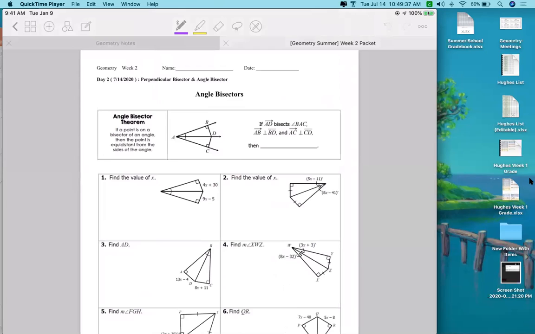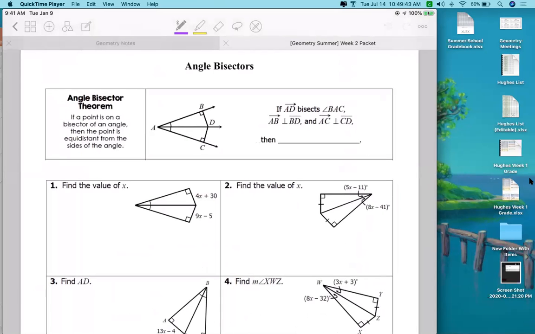On the next page, I think I forgot to give you the top part from the videos. This one is saying that if I have an angle that's cut in half, here's bisects, that one. Then they're saying that BD is congruent to DC.